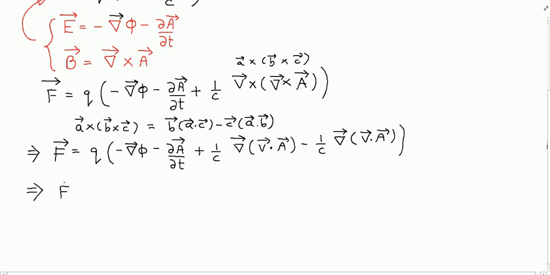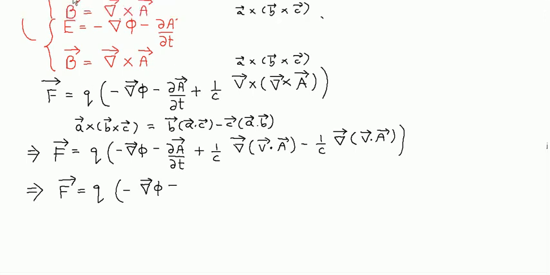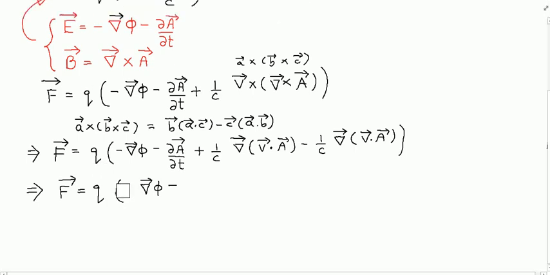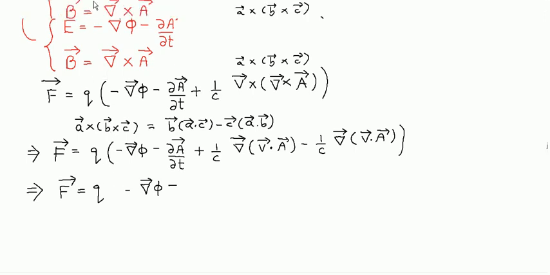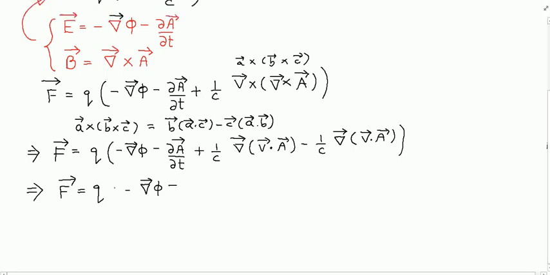So F. Okay, so let's put it in one place. So let me write it again. So minus, this is gradient of phi. Let me take a minus, come on. And yeah, this bracket here doesn't look good, so I'm gonna put another bracket. Okay, so take the minus common, and what do you get?